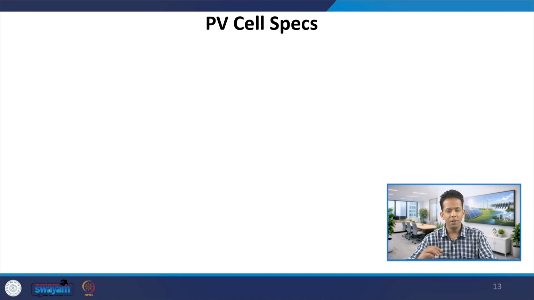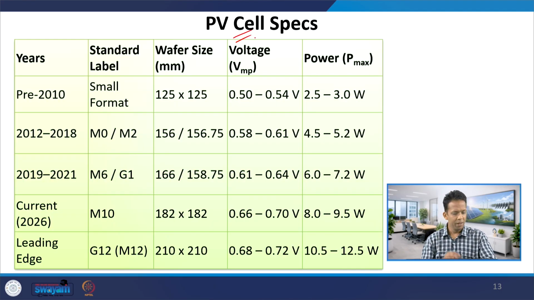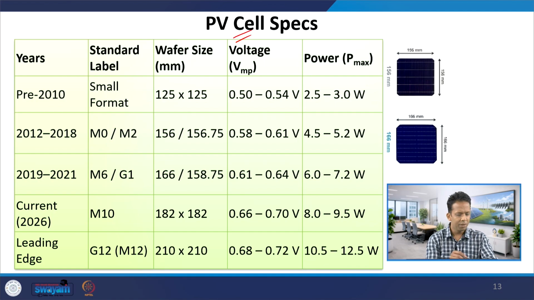If you look at the unit PV cell specs over the years, before 2010 there used to be small format cells of 125 mm by 125 mm, with a voltage of 0.5 to 0.54 volt and power of 2.5 to 3 watt. That is the maximum for a single cell before 2010.